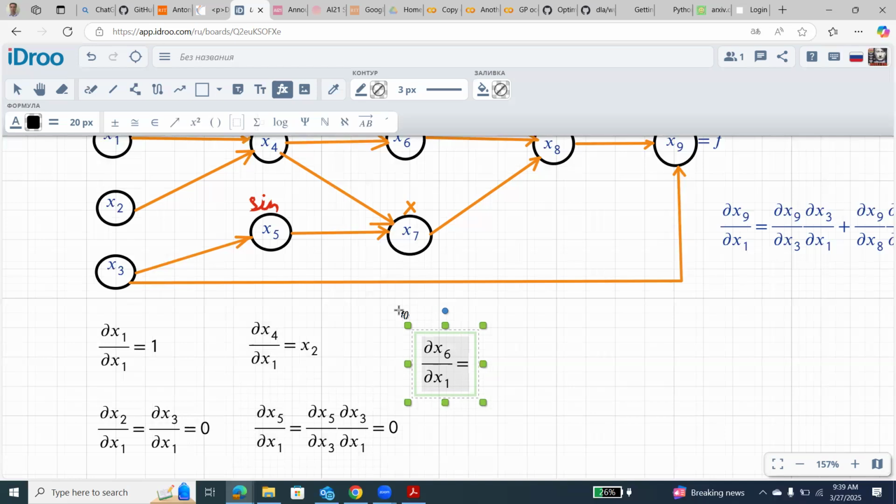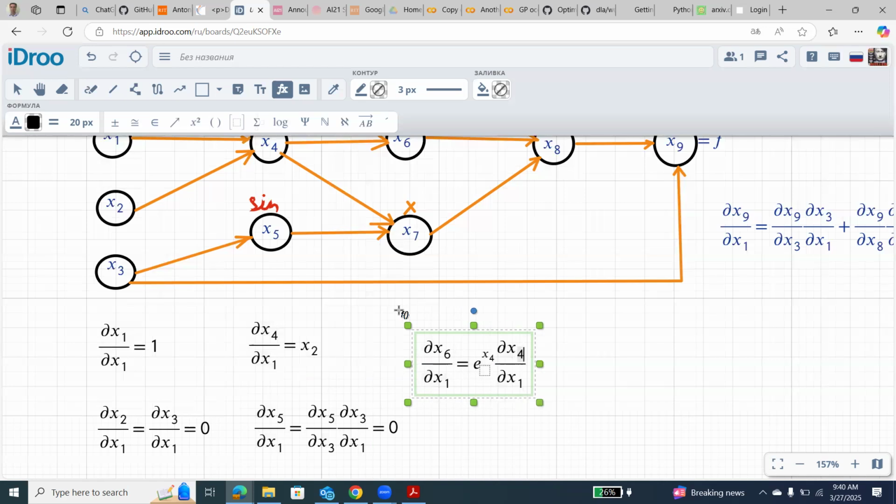So the derivative of exponent will be the same, exponent of x4, times the derivative of x4 with respect to x1. But the derivative of x4 with respect to x1 we calculated on the previous step.